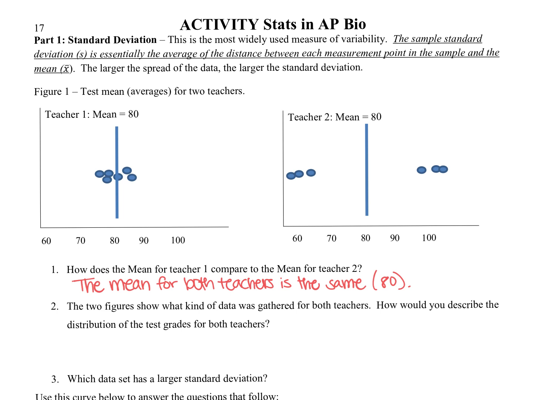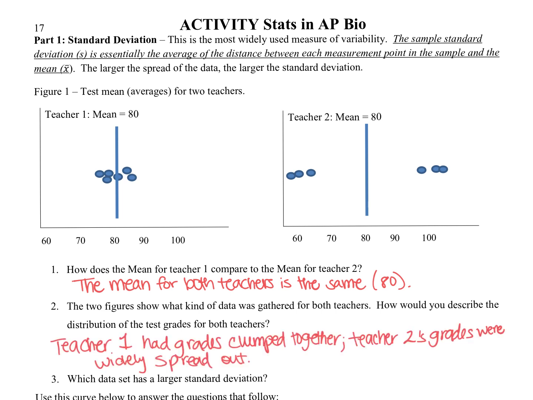But the difference between these two teachers is that for teacher 1, the grades are pretty close together. You can see that nobody failed the test. Nobody got an A either, but all the grades were around an 80. For teacher 2, you can see that 3 of the students failed the test, and 3 of the students did really well, getting a 90 or higher on the test.